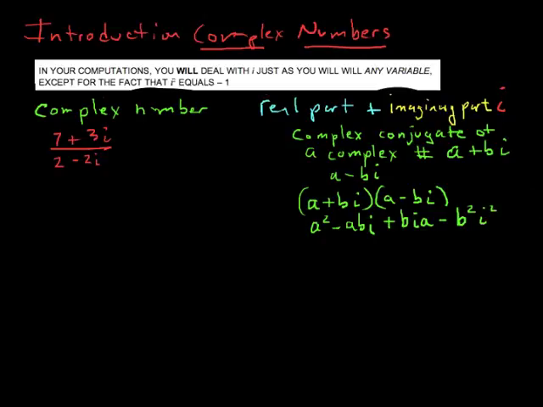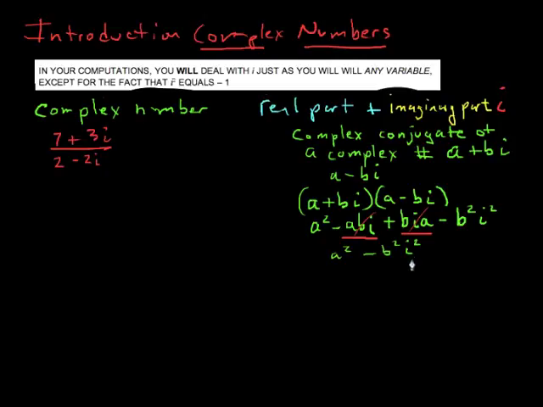Okay, so let's look at these terms carefully. This one right here, negative abi and positive bia, these are the same terms. The multiplicands are just rearranged, but these are the same. So these cancel, and we're left with a squared minus b squared times i squared.